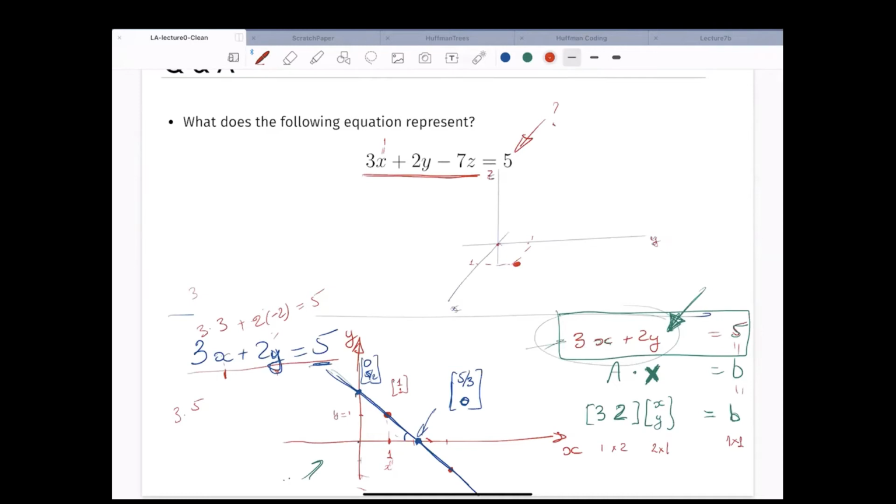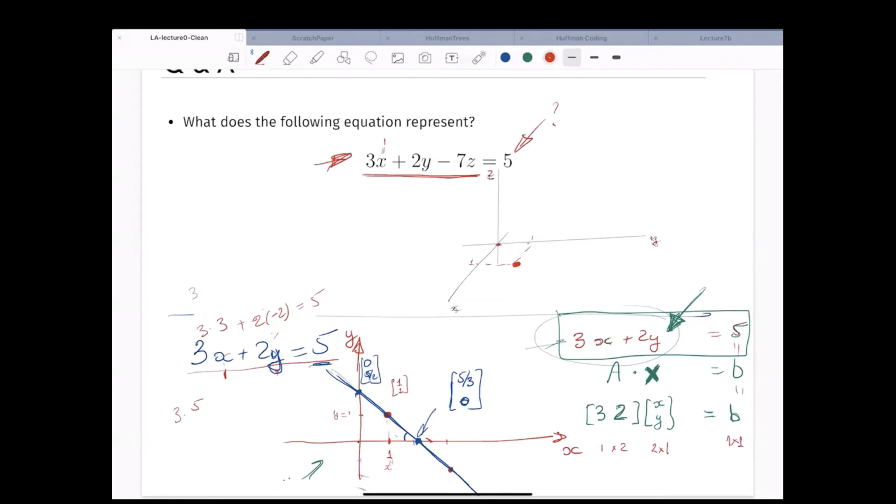Okay, let's look at another point that meets this equation, that satisfies this equation. How about we take a point where x is not x. Let's see, what should we do? Let's make x 0.